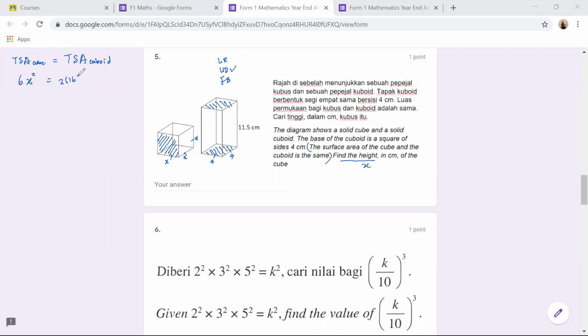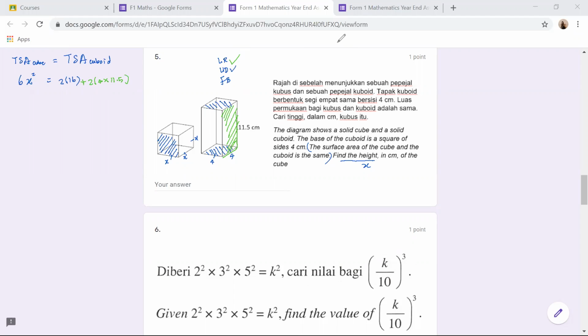Now let's go by left and right. Let's look at the right side. The width is 4, the length is 11.5. So we just add 2 times 4 times 11.5, because left and right. Left and right, done. Let's go to front and back.